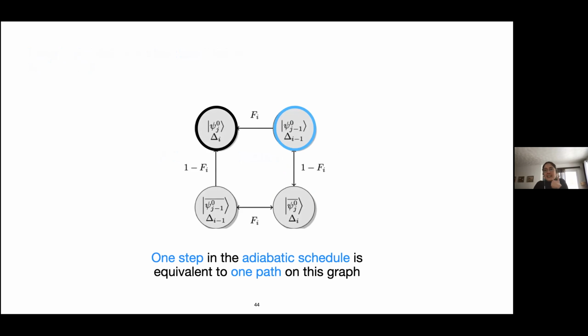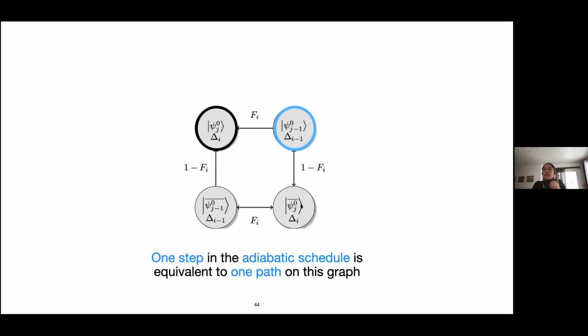So the idea is that one step of the adiabatic schedule will be equivalent to any path that starts on this state and ends up on this one. You always start in the ground state of a given Hamiltonian, the ground state of J minus 1, and you try to project into the ground state of the Hamiltonian J. You can succeed with some probability, but you could fail and have a state that is orthogonal to the state that you actually wanted.